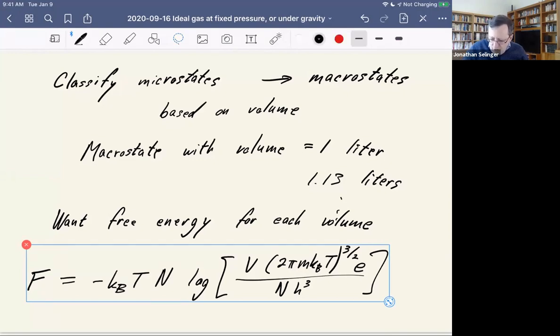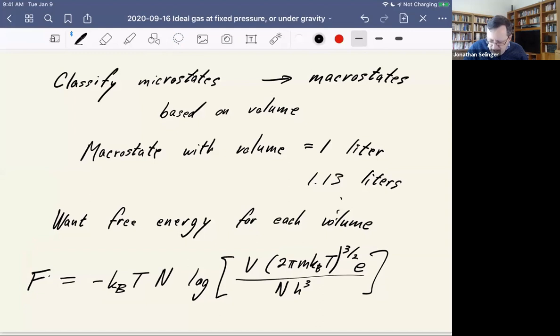So we could say this is F of V. It depends on volume, and it has a dependence on volume just right there, and nowhere else. So it has a logarithmic dependence on the volume.